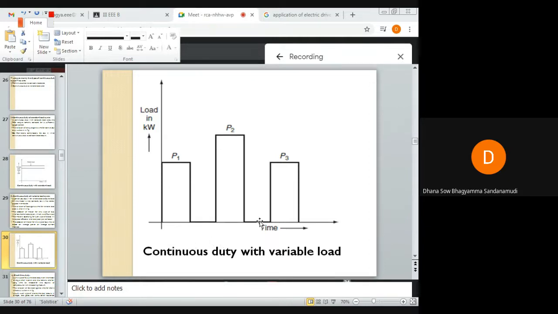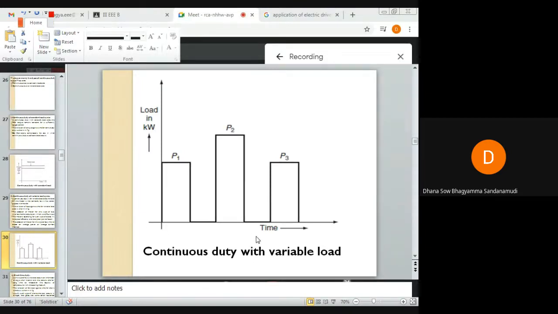If we want to select a motor for such loads, which will have continuous duty but the load will be varying many a times, that means it will have several phases in one cycle, then selecting a motor involves thermal calculation, which is a very difficult task.